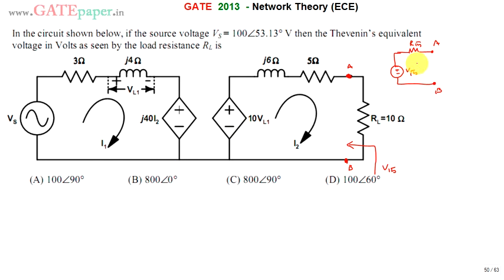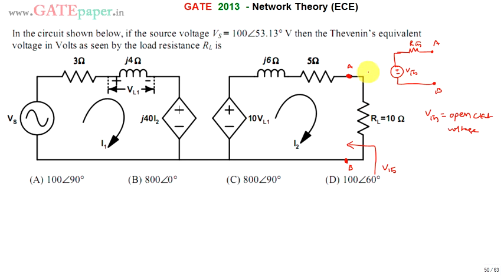VTH means open circuit voltage across the terminals of interest, and RTH is the equivalent resistance across those terminals. Now we are only interested in VTH.